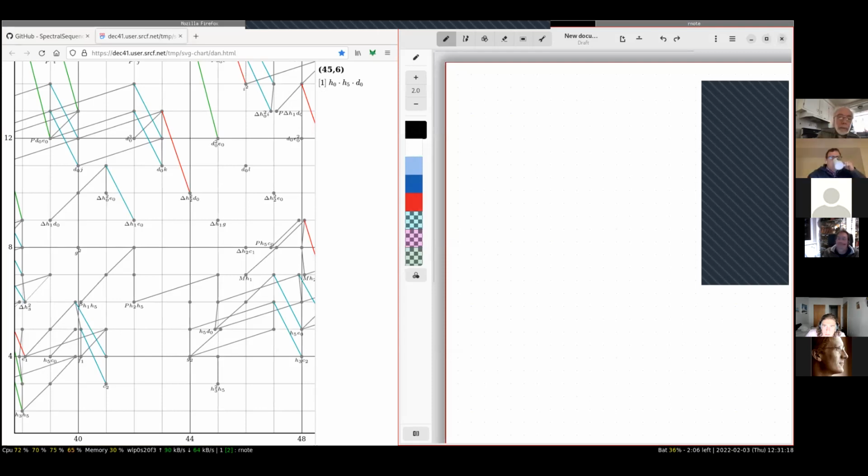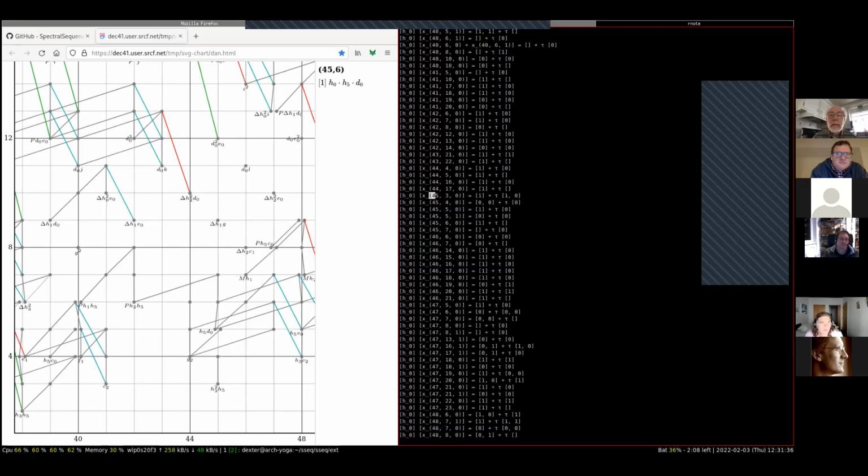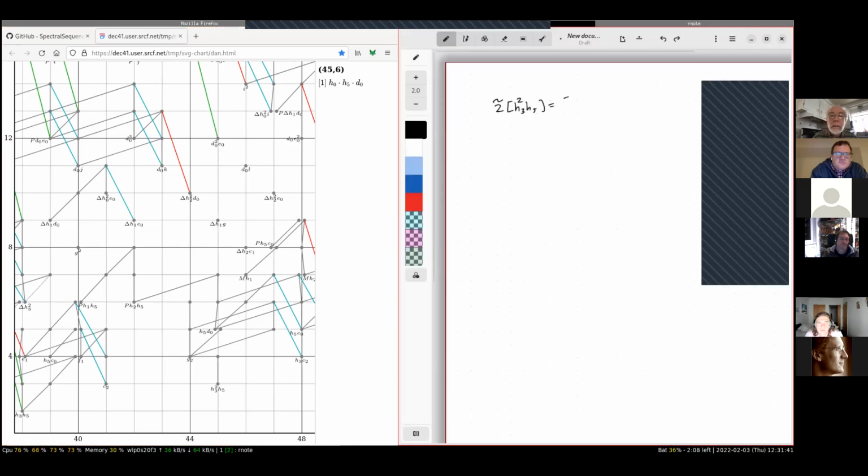Right, so I'll just call that 2 tilde because that's the better name. So 2 tilde of H3 squared H5. We can check, it's this particular lift of H0, H3 squared H5 plus tau times H5 D0.